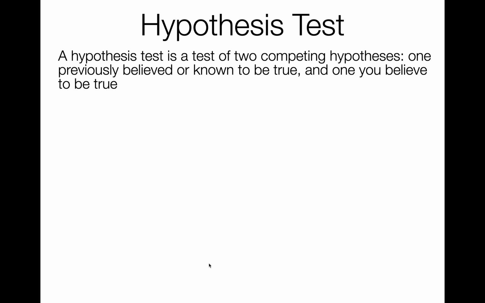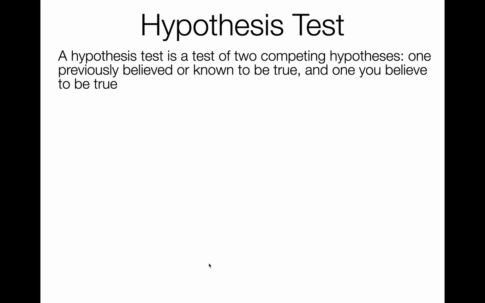So this is a formal definition of a hypothesis test. We're now talking more concretely about hypothesis tests and not just a question that I'm asking you. A hypothesis test is a test of two competing hypotheses: one that was previously believed or known to be true, and one that you believe to be true.